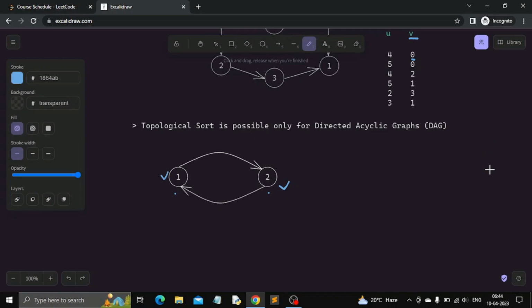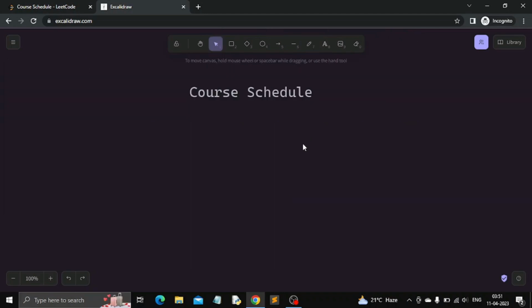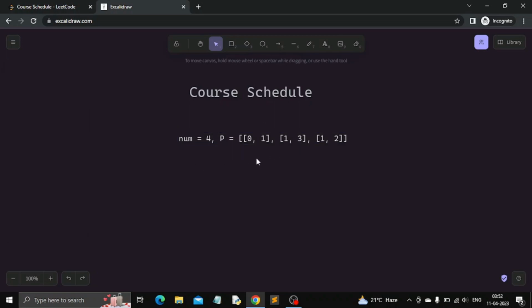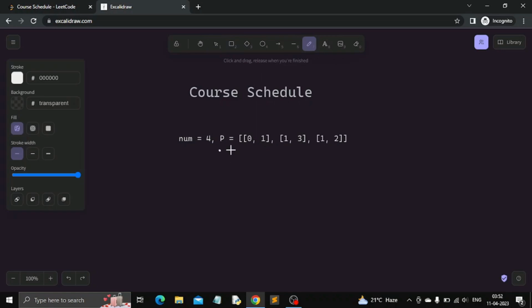Now that we have studied topological sort, let's go back to our problem course schedule and see how this problem is related to topological sort. Now coming back to our problem, we'll be given some number of courses along with the prerequisites array. So let us consider this example where the number of courses is 4, and this is the prerequisites array, which comprises pairs of vertices.